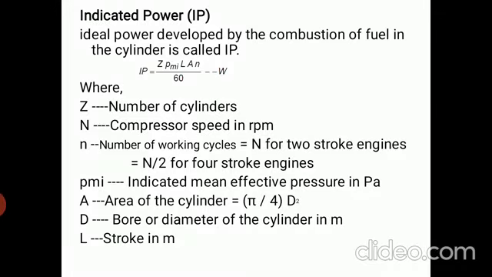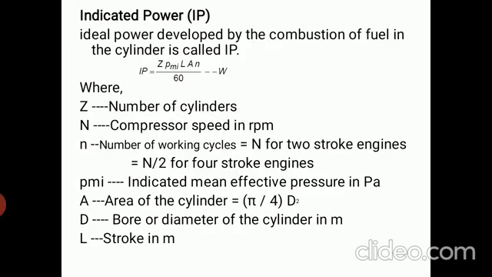That's why it is n by 2 for a four-stroke engine and n for a two-stroke engine. Then in the denominator we have 60. The reason for 60 is that speed is generally in revolutions per minute. To convert that minute into seconds, we divide this equation by 60.